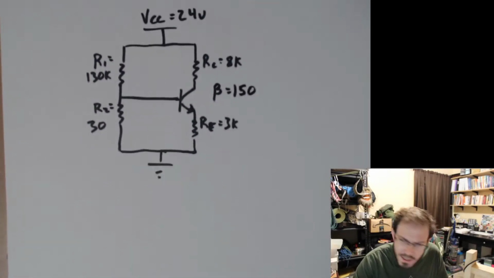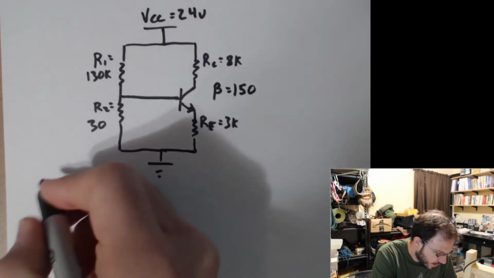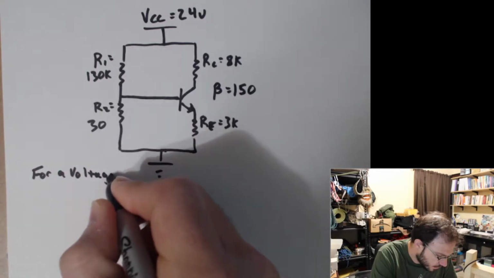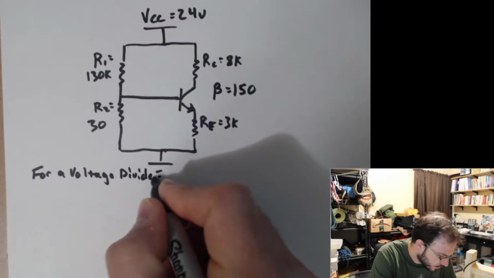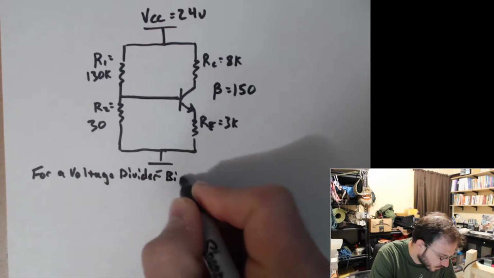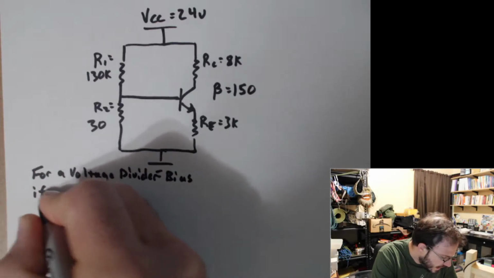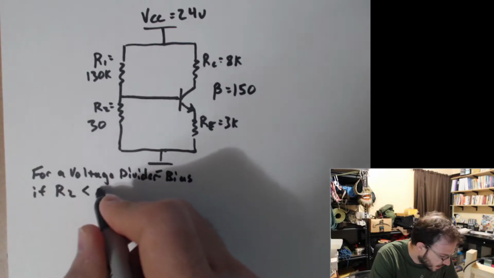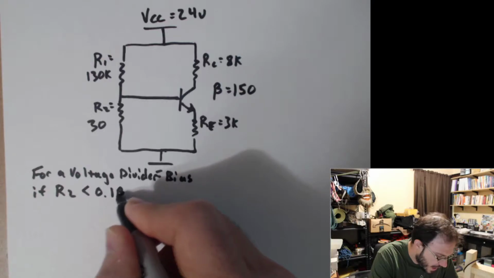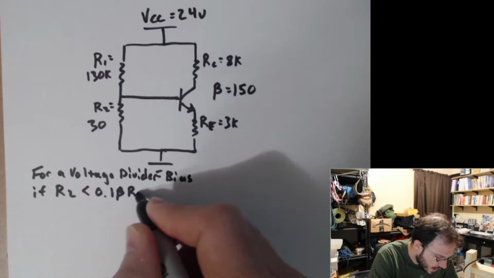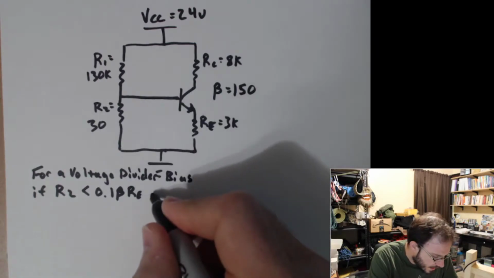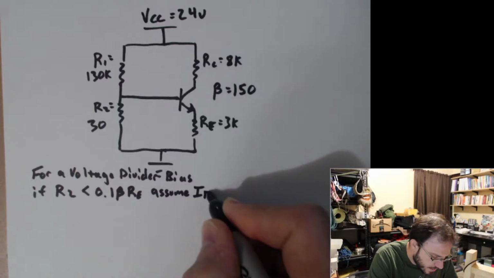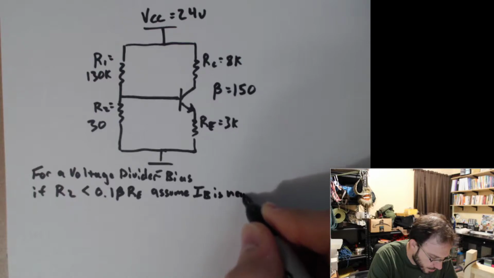Okay, so when you have, let's say, for a voltage divider bias, and let's say if R2, that second resistor down here, is less than 0.1 times beta times RE, our emitter resistor, we're going to make an assumption that the base current is negligible.